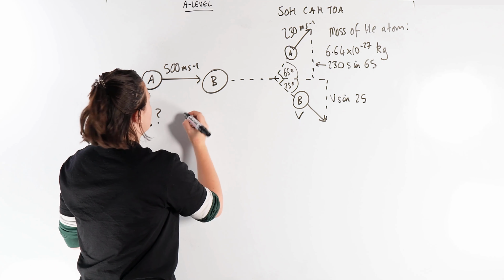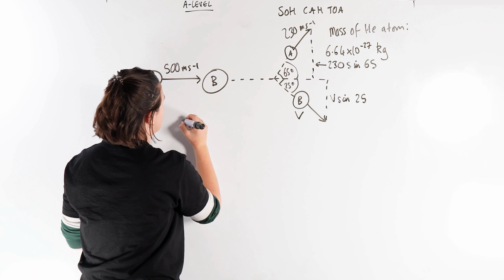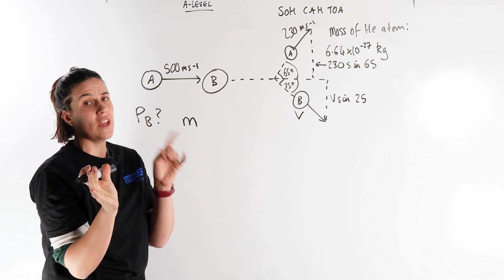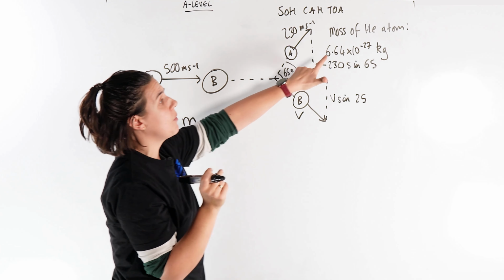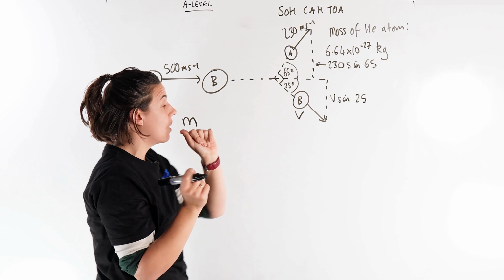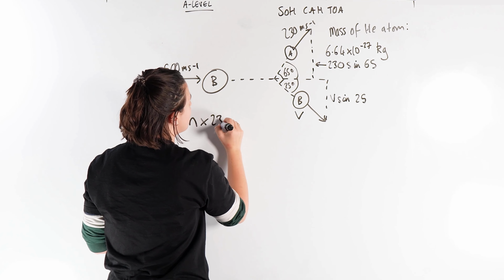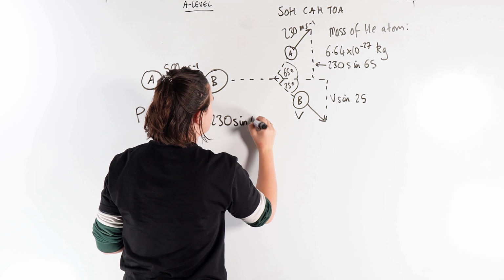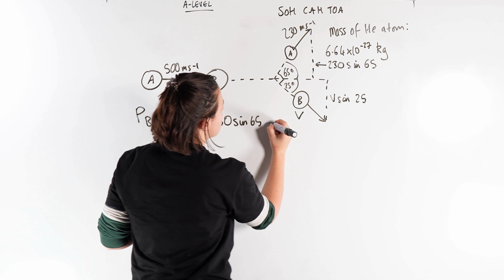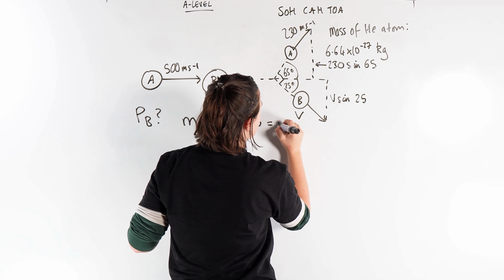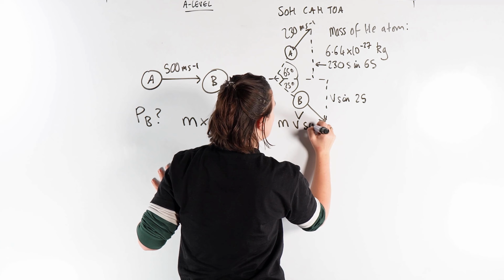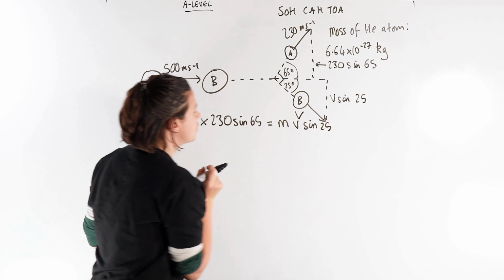I know that the mass of the helium atom, I'm just going to put it as M at the moment, because I've got a feeling that these are going to cancel somewhere, and if I can get away without using this great big number here, I would quite like to do that. The mass of the atom going upwards multiplied by 230 sine of 65 equals the mass of this atom going down here, mV sine of 25.